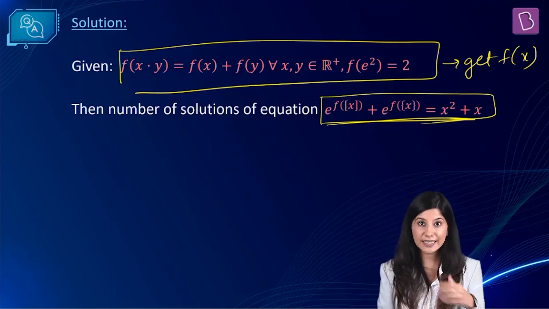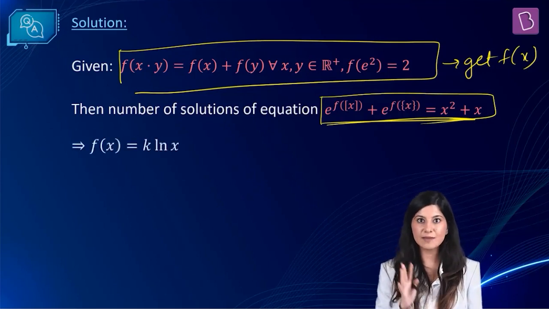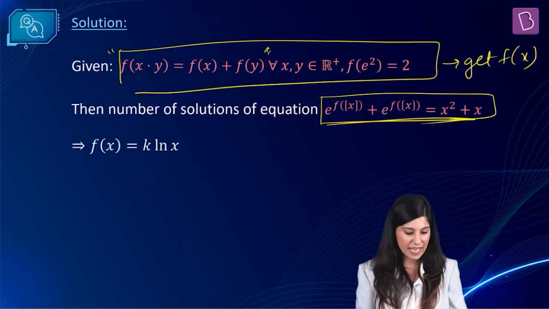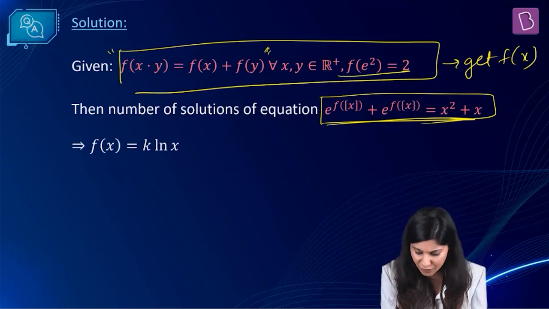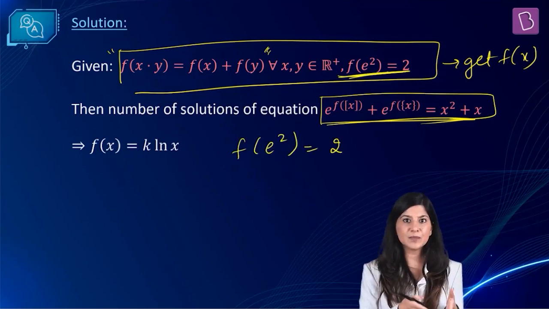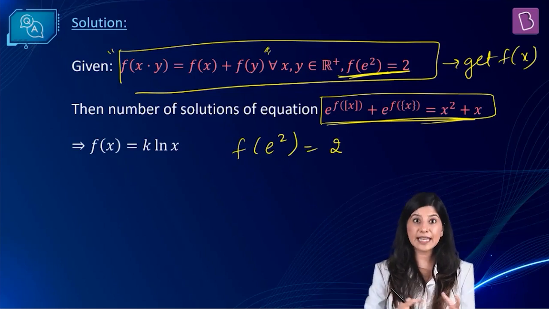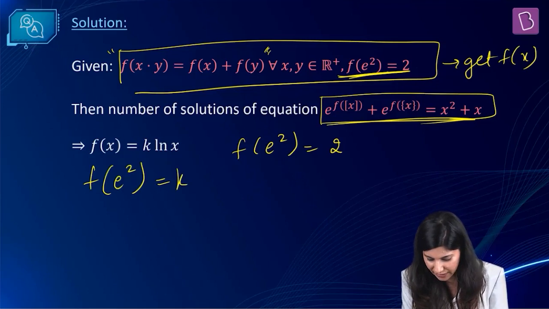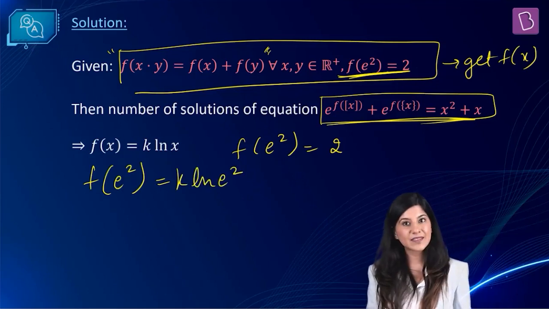Okay, we already know that f of x equal to k times ln x satisfies this particular functional equation, right? F of x equal to k ln x, and of course, f of e square is given as 2. Why not put e square in the place of x and get the value of k? So f of e square is equal to k times ln e square, isn't it?